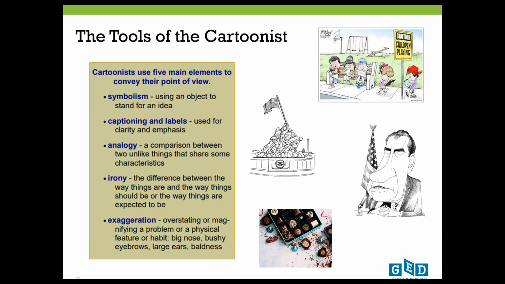And then, of course, where would the political cartoonist be without irony? Where we're looking at how things are versus the way that they should be or might be expected to be. And of course, we have exaggeration, where the cartoonist goes in and magnifies a problem or a physical feature.